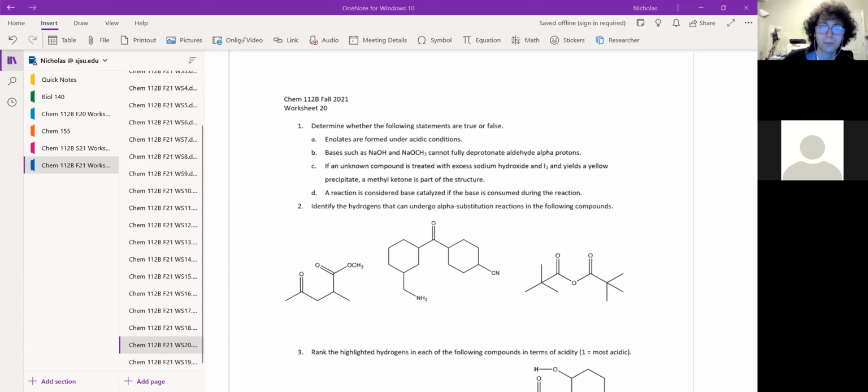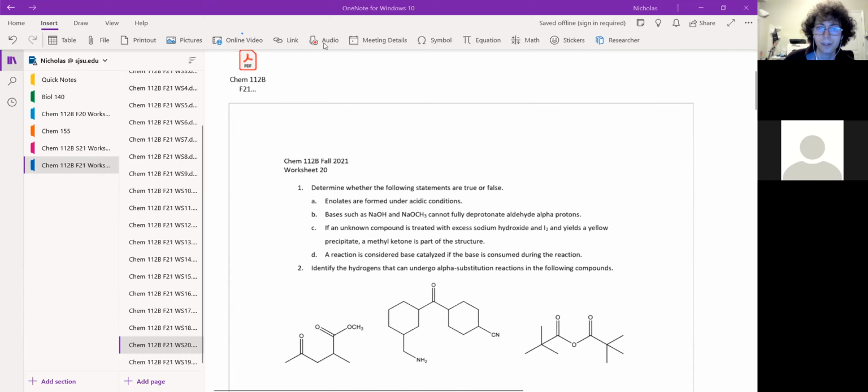Probably saw more stuff related to this today, but remember this, that's not an oxygen. This is an enolate. And you form these from like ketones, aldehydes, other carbonyl structures that has a negative charge on it.